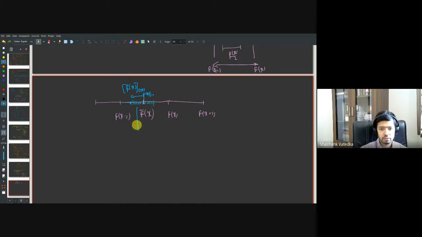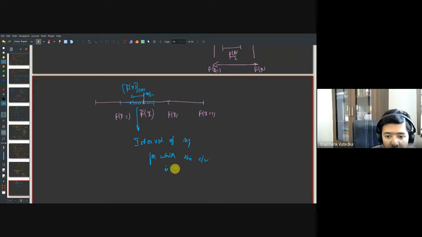So this is the interval of sequences for which this code word is a prefix.